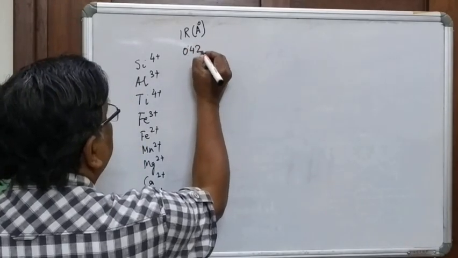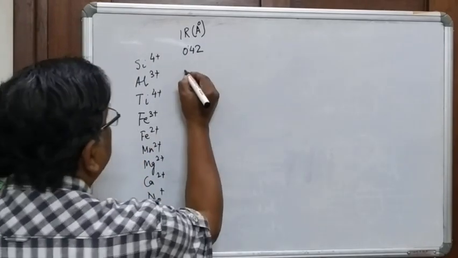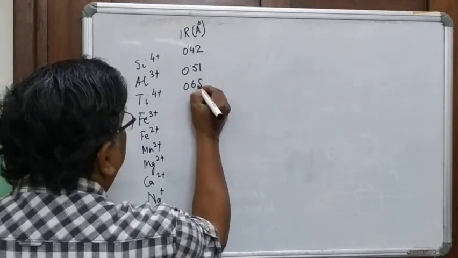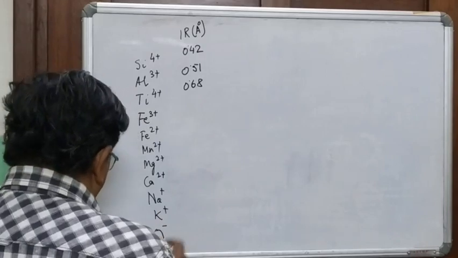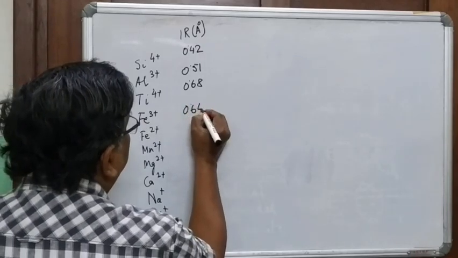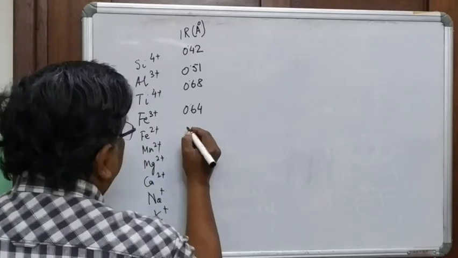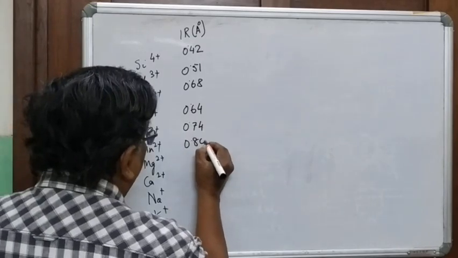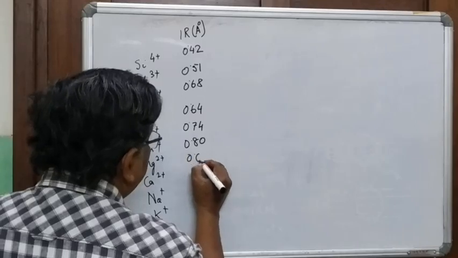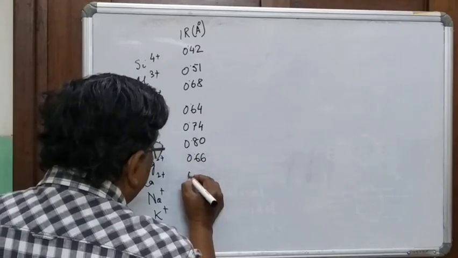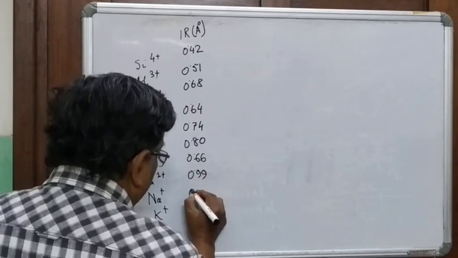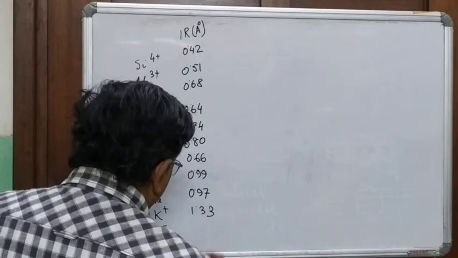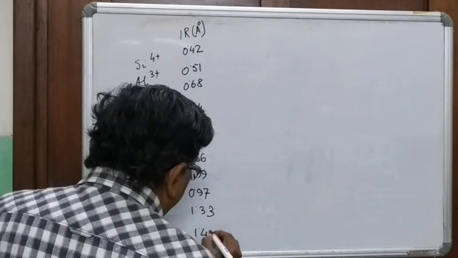Silicon 0.42 angstroms, aluminium 0.51 angstroms, titanium 0.68 angstroms, ferric iron 0.64 angstroms, ferrous 0.74 angstroms, Mn is 0.80 angstroms, magnesium 0.66 angstroms, calcium 0.99 angstroms, sodium 0.97, potassium 1.33 angstroms, and oxygen is 1.40 angstroms.